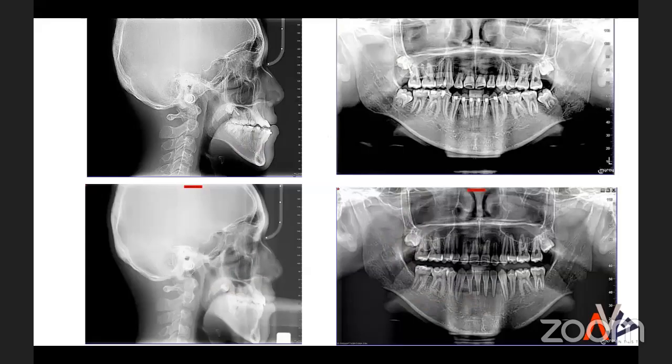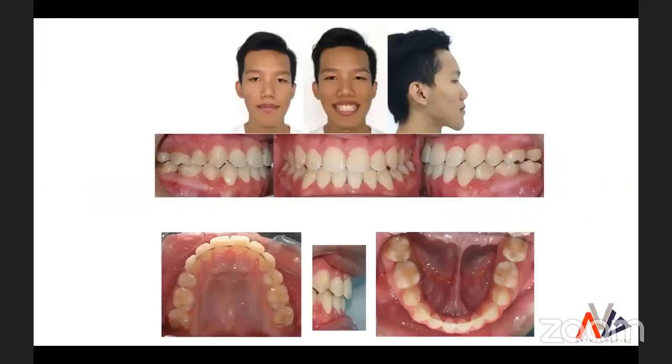Question is from Dr. Anuradha. Even if you have reversed the bracket, there will be a torque which is negative. So how does it go with no impact on the anterior teeth? No, it's the opposite of what you're saying. Upper anteriors have positive crown torque. In MBT, about 14 degrees of positive crown torque.